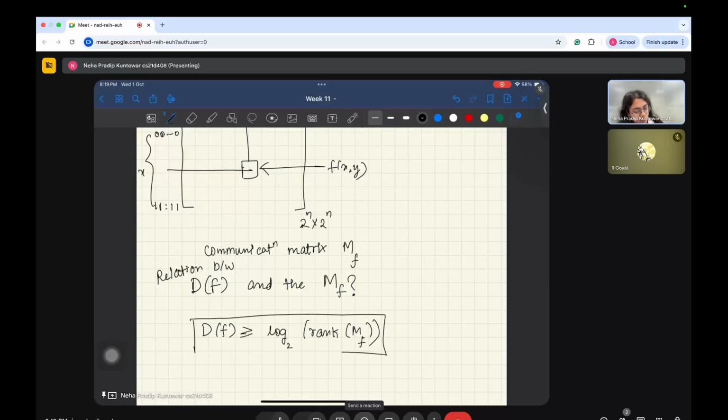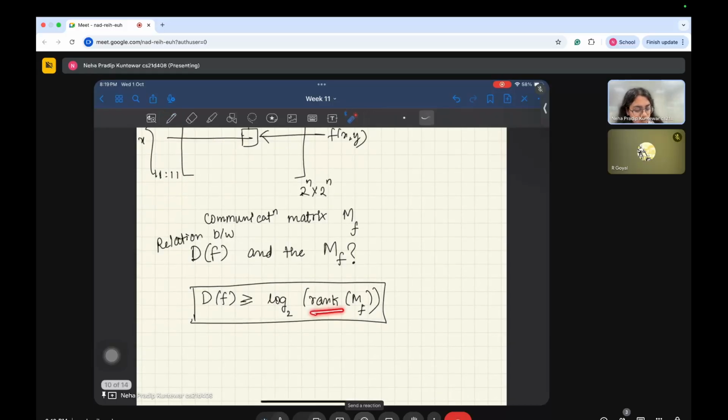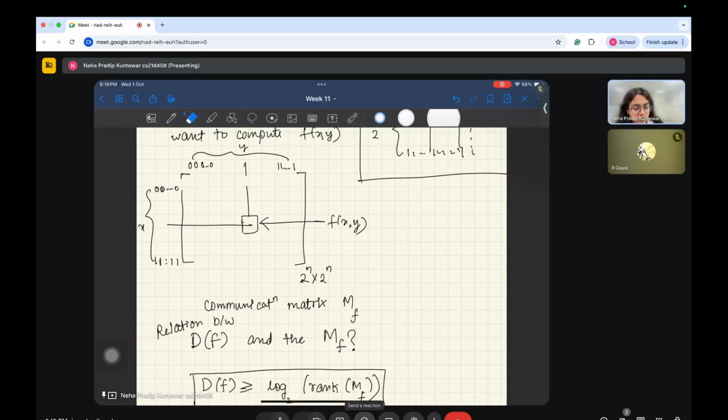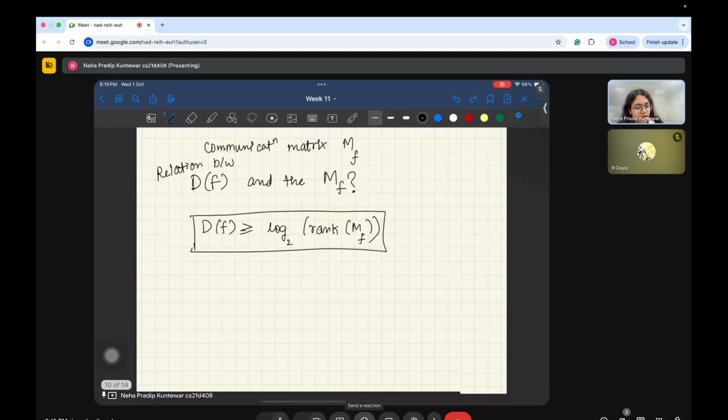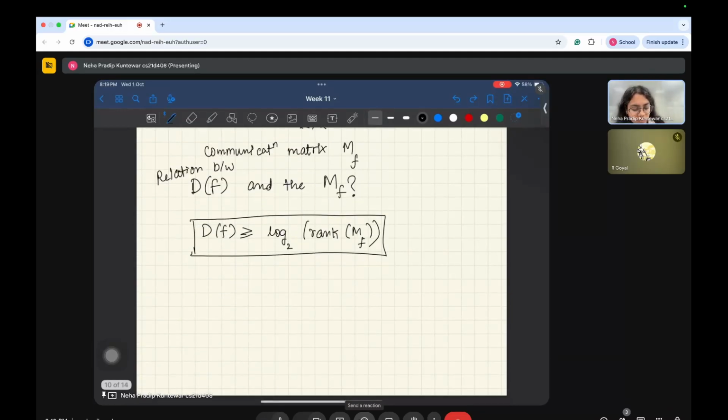By rank we just mean the maximum number of linearly independent rows or columns. The question is whether this is tight.